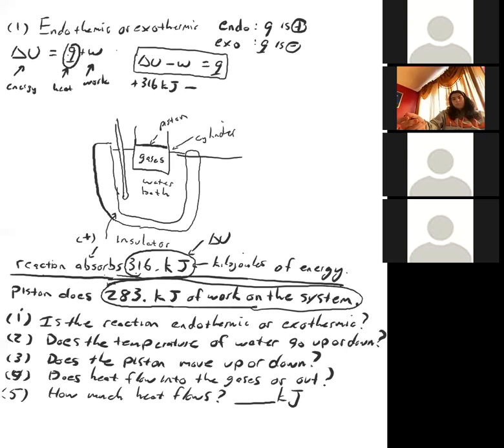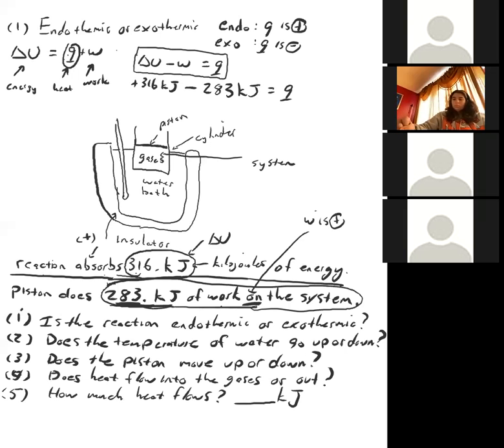This is the system here. The system is what we're interested in. So if 283 kilojoules of work is being done on the system, that means that W is positive. On the system, that's the terminology that we used earlier. So that means it's positive. So 283 kilojoules. So 316 minus a positive 283 is equal to Q.